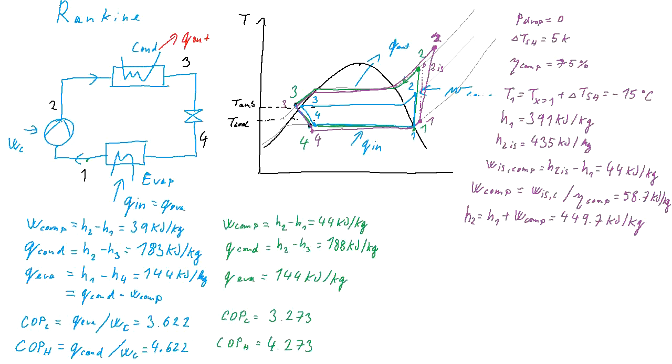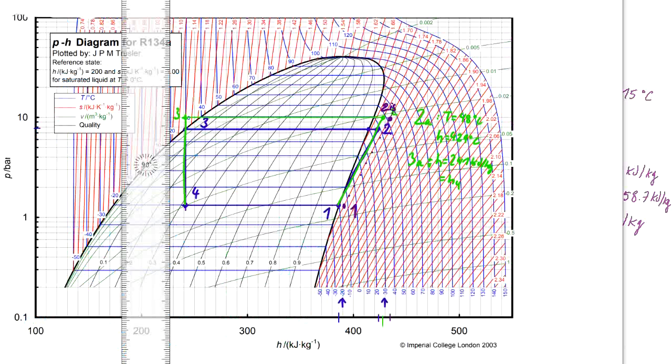Now let's go back into the pressure enthalpy diagram, and let's find this point 2 real. So the enthalpy should have been about 450 kilojoules per kilogram.